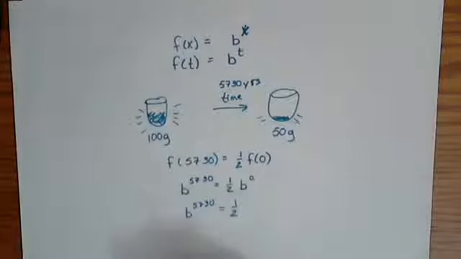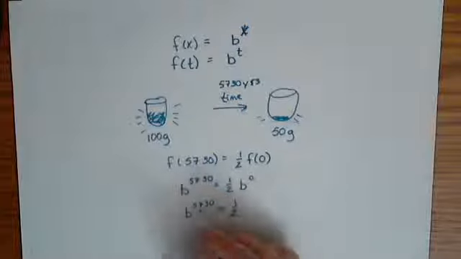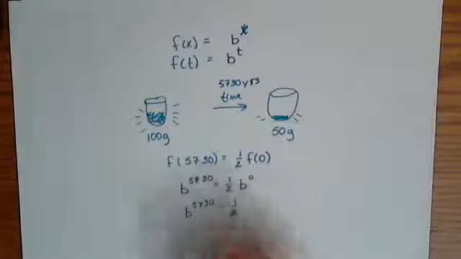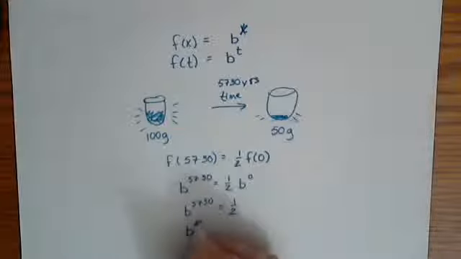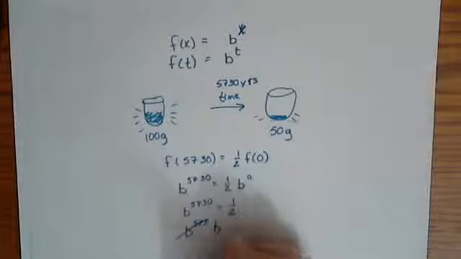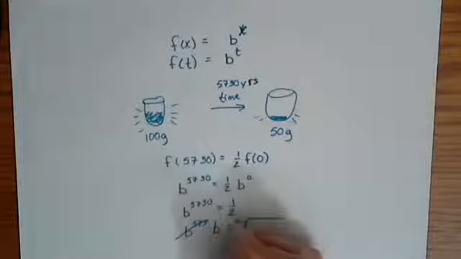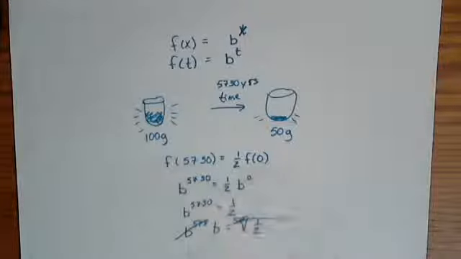And in order to do that, we would have to take the 5,730th root of, oh, sorry. So b would be the 5,730th root of 1/2, which is kind of an interesting way to do it.